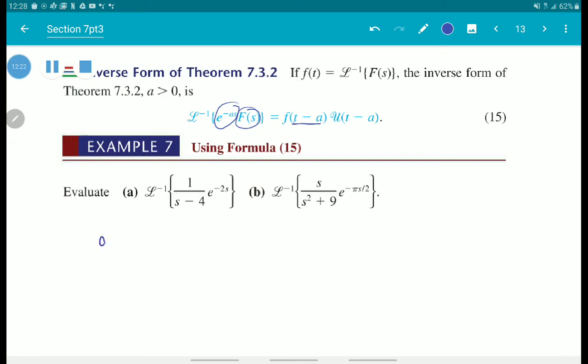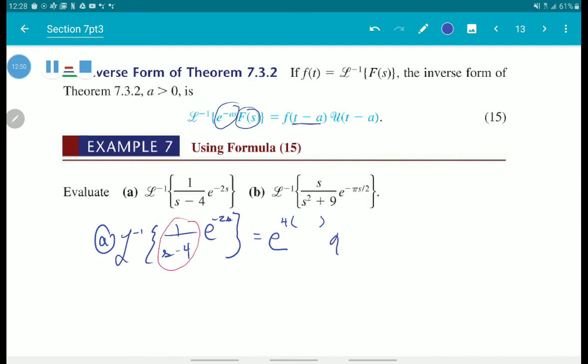So let's look at a. We want to take the inverse Laplace of 1 over s minus 4 e to the negative 2s. So we're really just going to focus initially on this guy. If we were to take the inverse Laplace of that, then that would be e to the 4t. But because it's multiplied by this guy, that indicates that we need a unit step function here.